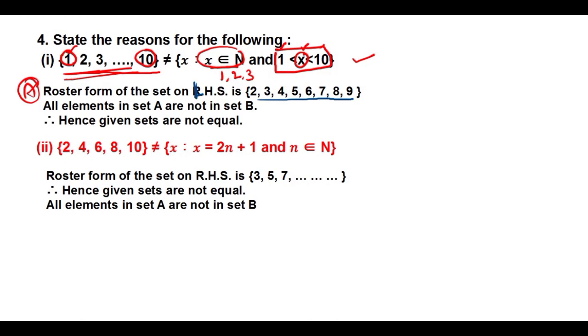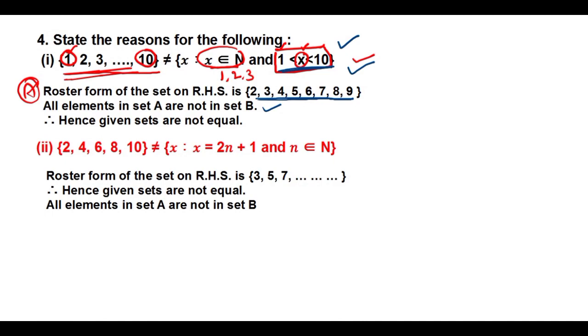Correct, RHS only, because the question we are discussing is about the right hand side. They gave 1 less than X less than 10, meaning 1 and 10 are not included. So the roster form of the right hand side has elements 2 to 9: 2, 3, 4, 5, 6, 7, 8, 9.